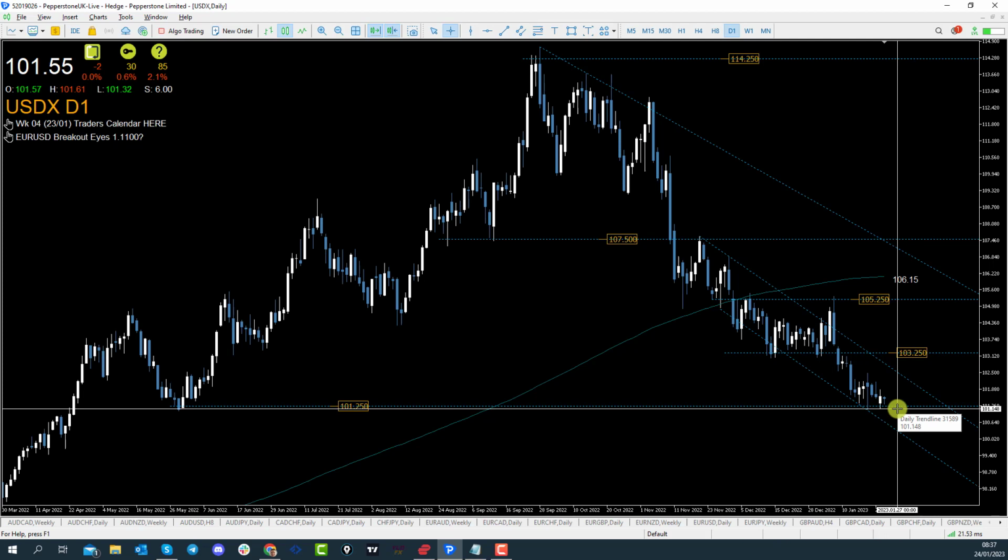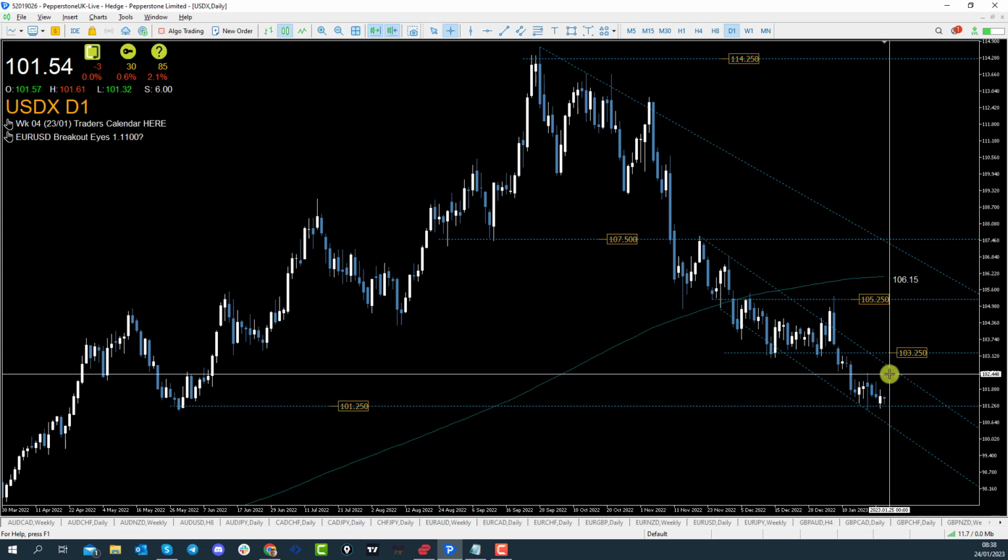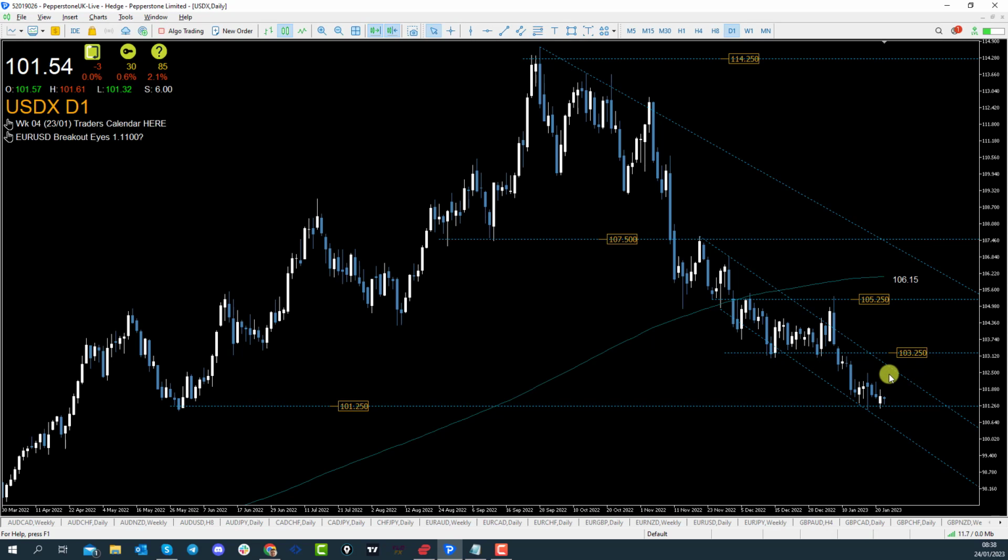Obviously, something fundamentally could be a driver for price to trade to the downside, so you also have to take into consideration that we do have some flash manufacturing PMI and other data today, so that may cause a move because of the news. However, I doubt it from that medium impact news, but I would be expecting more of a pullback here now for the US dollar.